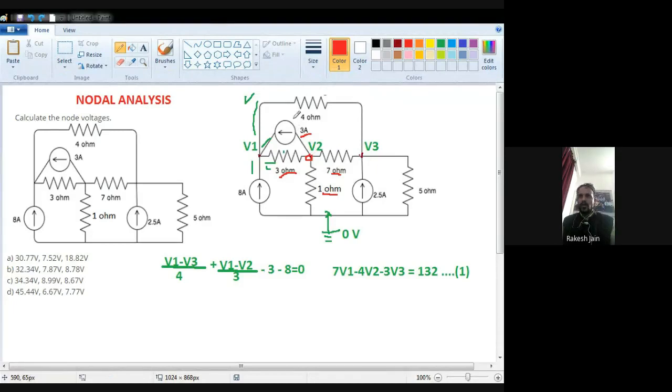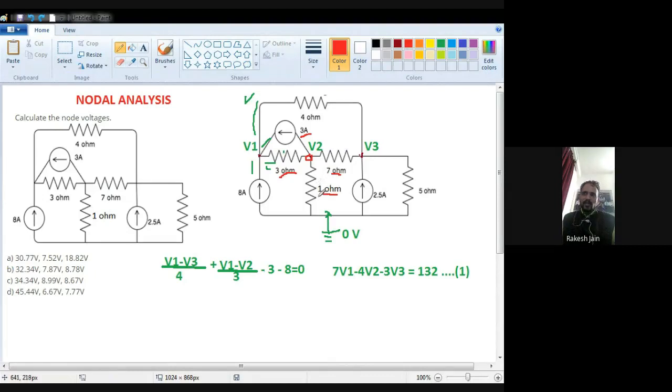One is of 3 ampere. The current is going from V2, that's why we write this 3 ampere with positive sign. Then the 3 remaining branches are resistances. I am writing the equation for the V2 node. The 7 ohm resistance is connected with V3 at its other point, so I write V2 minus V3 divided by 7.